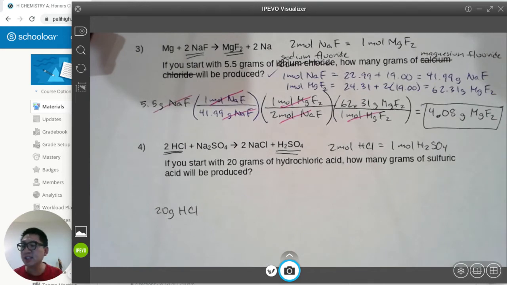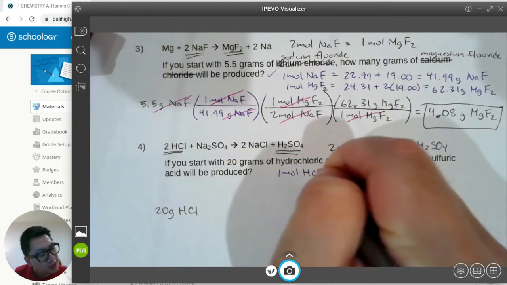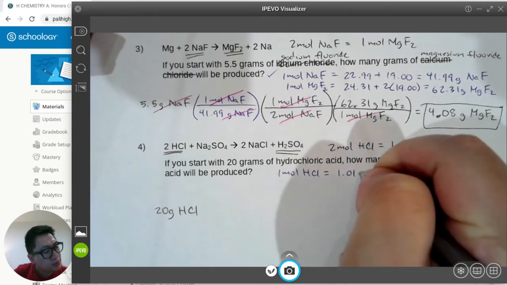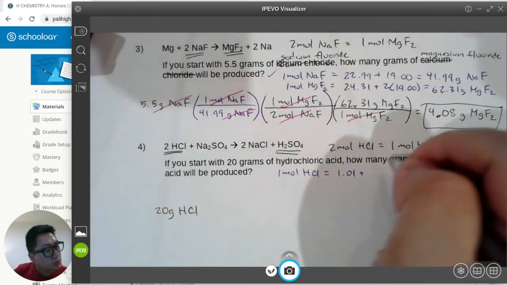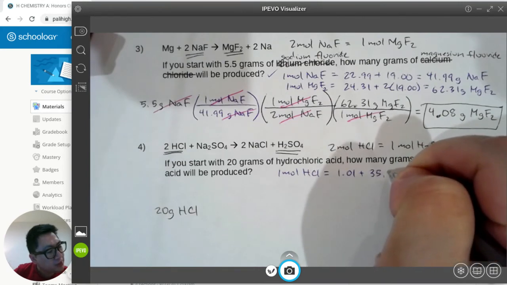So first thing is change my grams to moles. How do I change grams to moles again? I know I need to find the molar mass. How much does 1 mole of HCl weigh? Look up hydrogen on a periodic table, 1.01. Look up chlorine, 35.45.